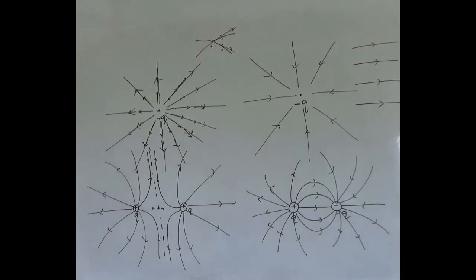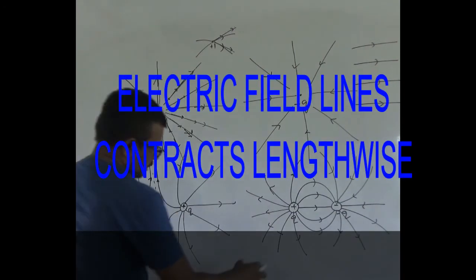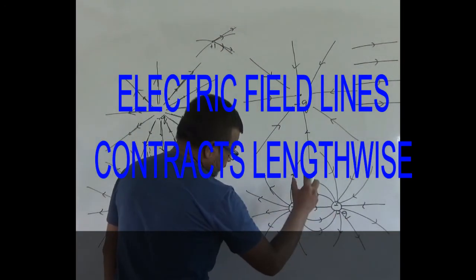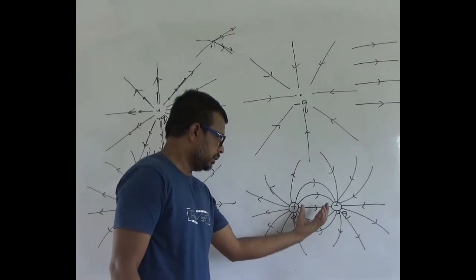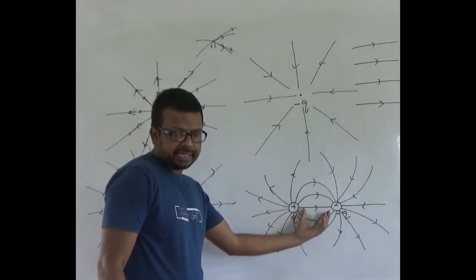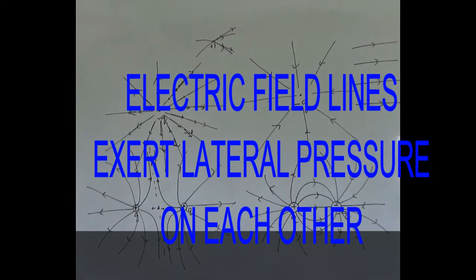Electric field lines contract lengthwise, representing attraction between unlike charges. They contract, that's why it is a straight line. This represents the attraction between two opposite charges. Also, electric field lines exert lateral pressure on each other to represent repulsion between the charges.